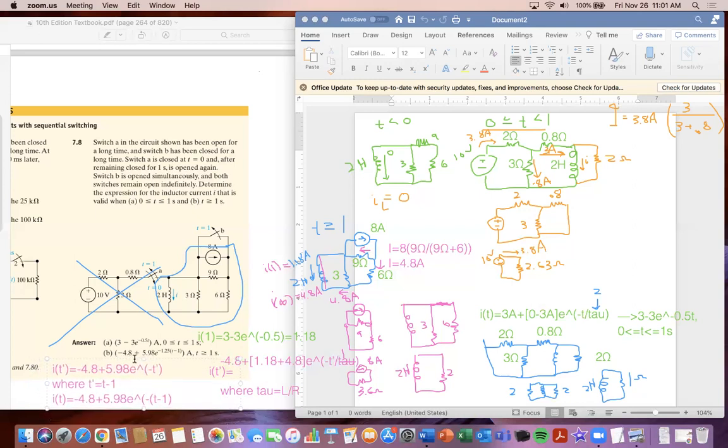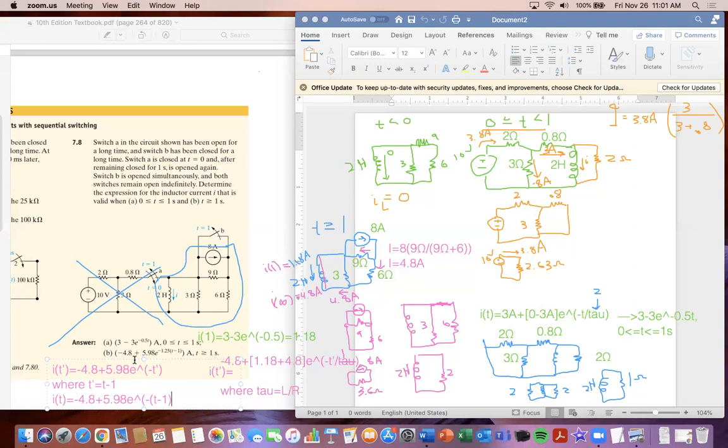Okay, but I'm looking at their equation, t minus 1, they got 1.25 for the time constant. Let me see, what did I mess up? I messed up something here. Resistance seen is 2.5 at time equal to 1. How did they get that for their tau?